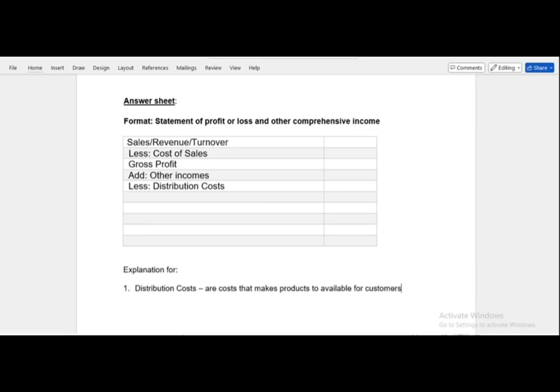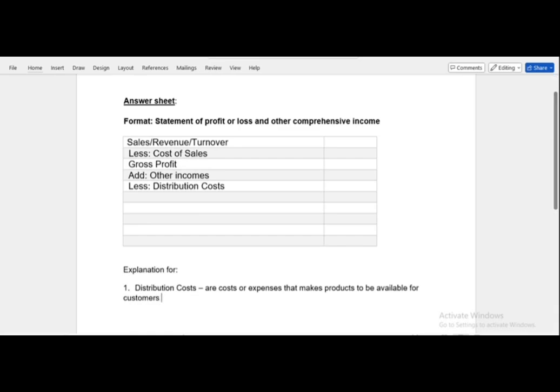You can say distribution costs are costs or expenses that make products to be available for customers.